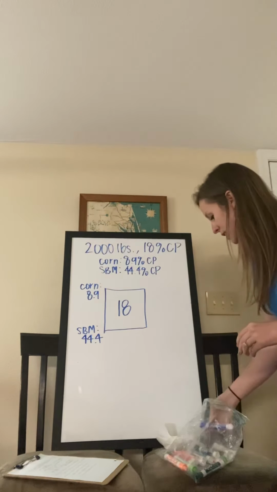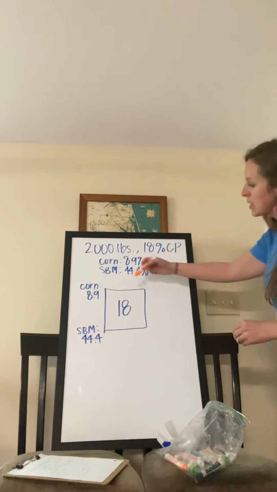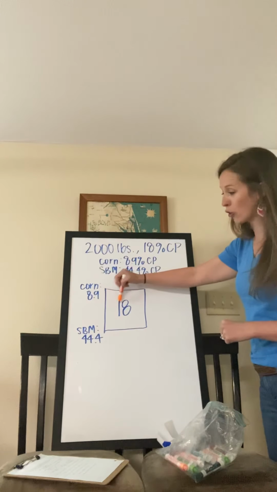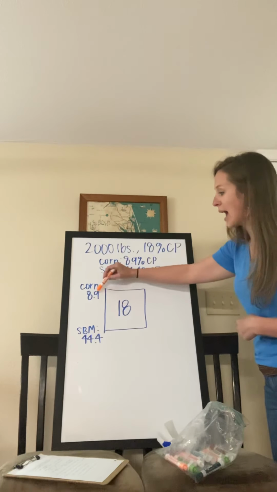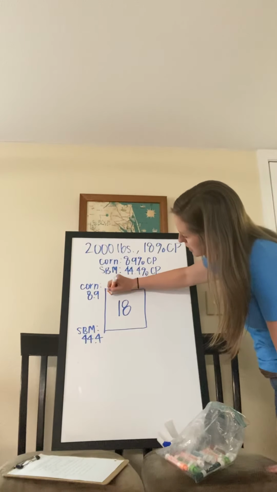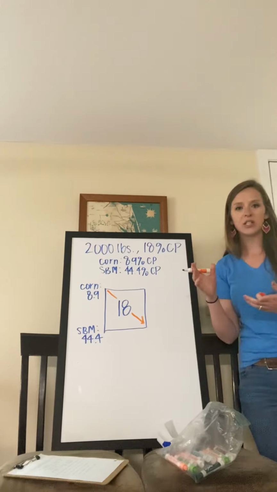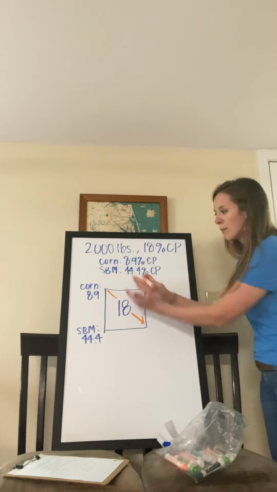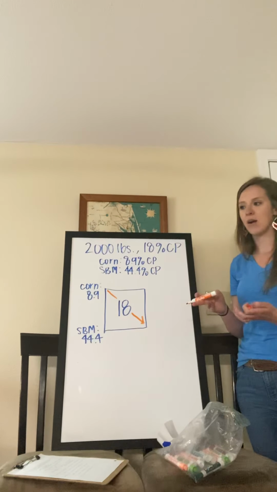The first step is that you're going to go diagonally across this square and subtract these two numbers. I like to draw an arrow just to remind me what numbers to subtract and where to put it. That's the only reason we put an arrow.